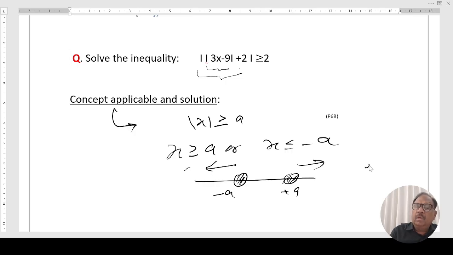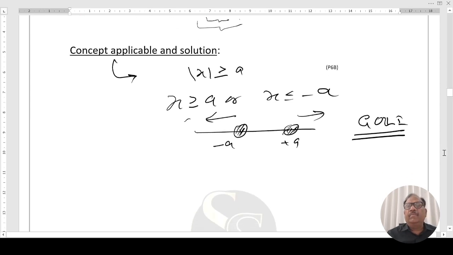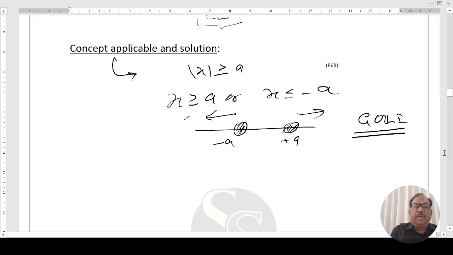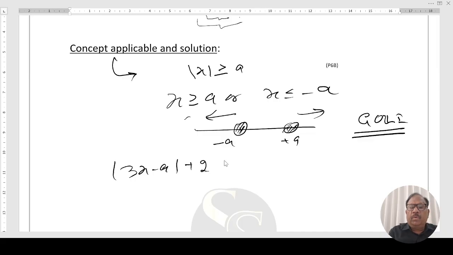Greater for outside, less for inside. We put mod of 3x minus 9 plus 2 greater than or equal to 2, or mod of 3x minus 9 plus 2 less than or equal to minus 2.